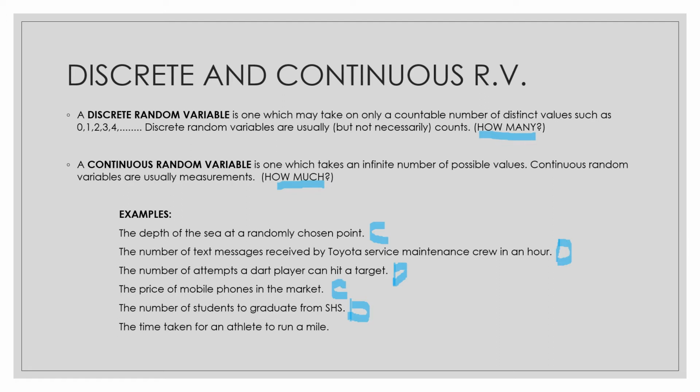Do we count the time or do we measure time? We measure. This means that this is continuous. Take note of the difference between discrete and continuous. Discrete is countable and continuous is measurable.